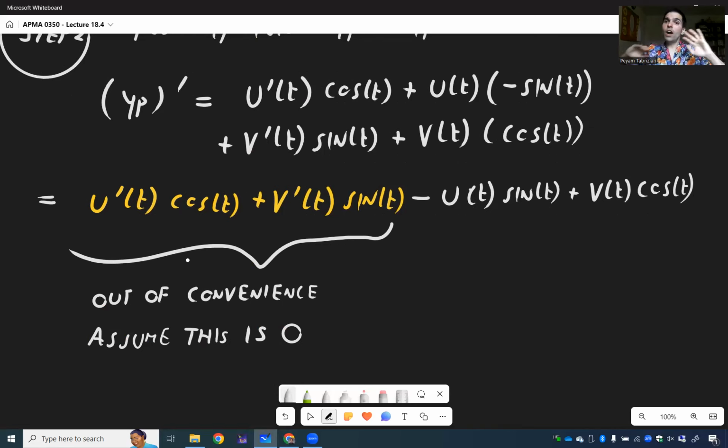There's no reason why we have to put it equal to 0. We're just doing this out of convenience. If we find some u and v that works, then it's okay, because we just need one u and one v. If somehow we continue and we find there's no solution, then we would have to look back at our assumptions once again.